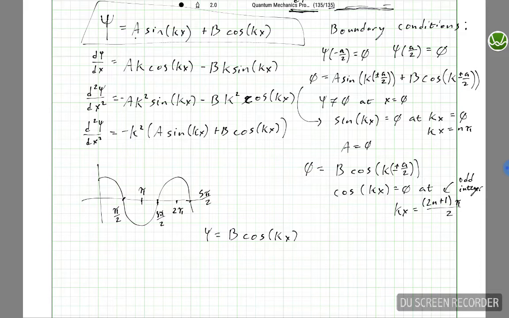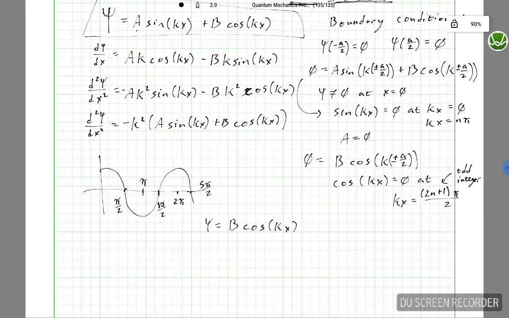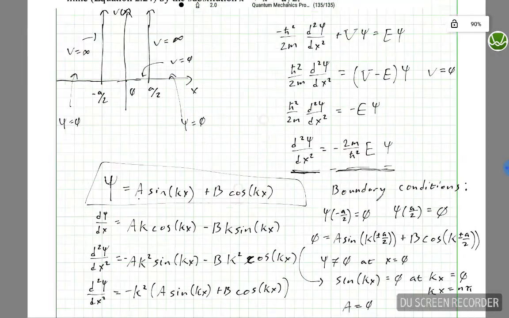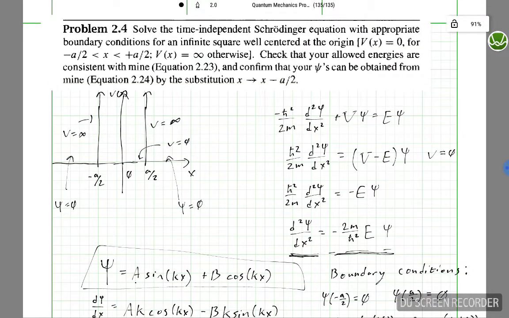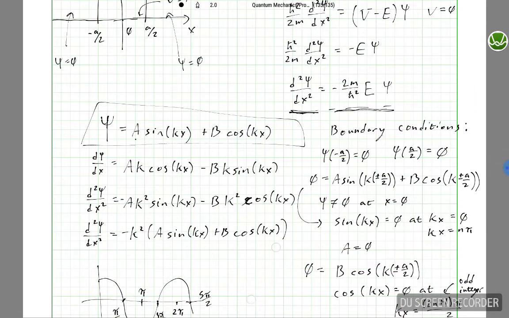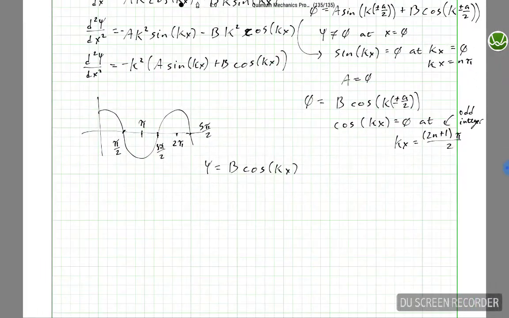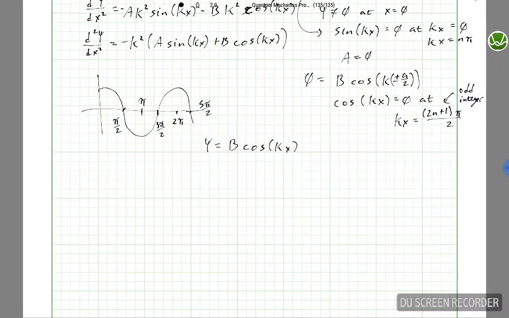Now we want to check that our allowed energies are consistent with what Griffiths got in equation 2.23. And then you want to confirm that the size can be obtained the same way. And that's kind of a fun thing. So first, let's check the energy levels.